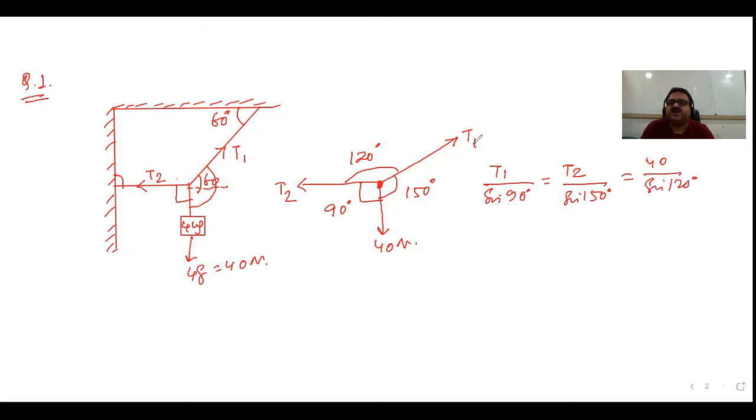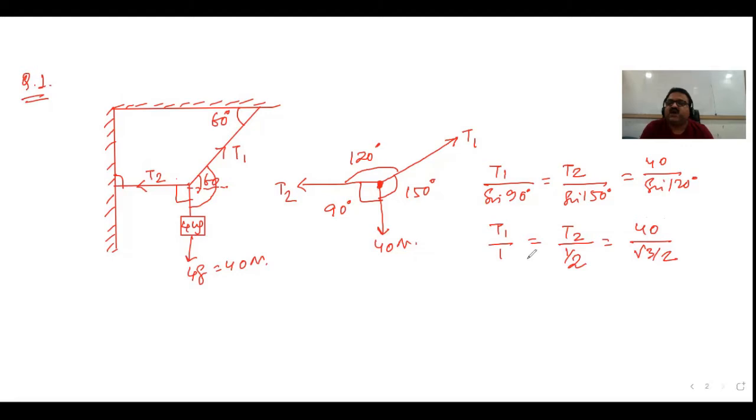You can check it again. Now T1 by sine 90, and sine 90 is 1. T2 by sine 150: it is in which quadrant? Second quadrant. Sine 150 means sin 30, which is equal to half. And 40 by sine of 120, which is root 3 by 2. We can simplify the result.